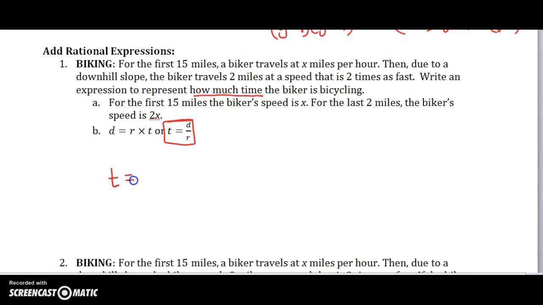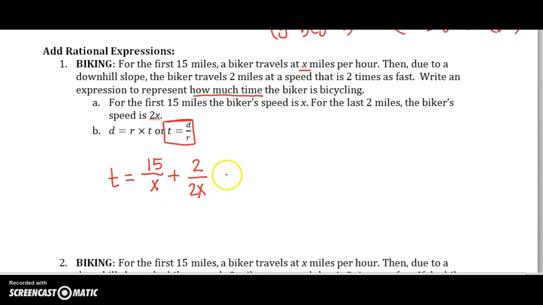So here's our situation. For our time, our first 15 miles, we're traveling at a rate, they told us, of x. x miles per hour is our rate. But then the last 2 miles, that distance, the rate doubled, so it's 2x. So here we have a situation where to make a formula, we need to be able to add.